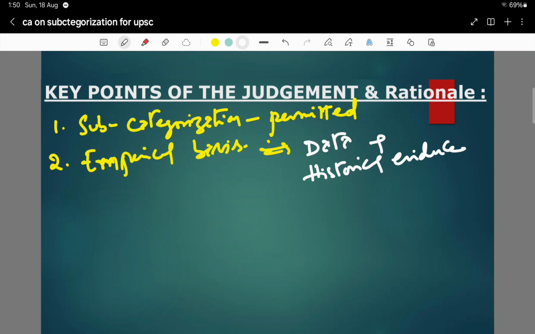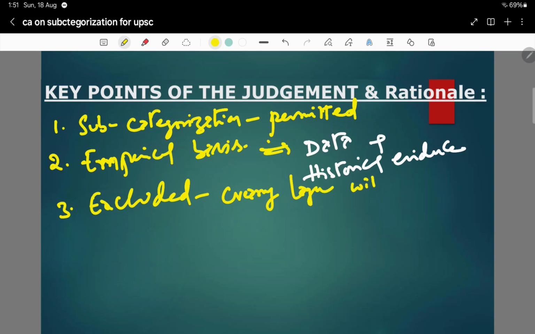Not only that, it also extended the creamy layer principle to SCs and STs, ensuring that the affluent among these groups are excluded from reservation benefits. Hence, it excluded the creamy layer within SCs and STs.